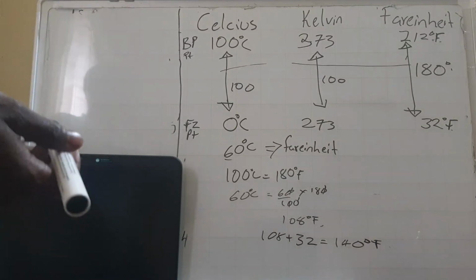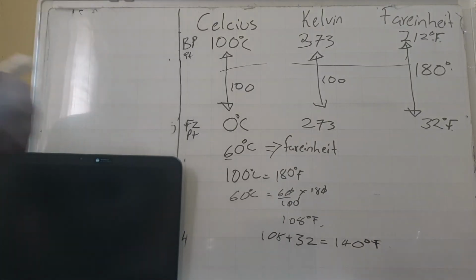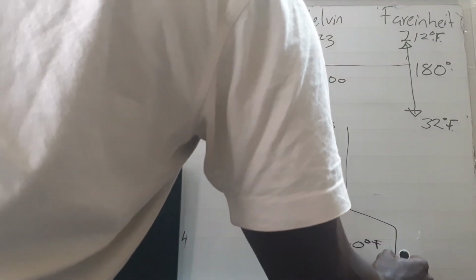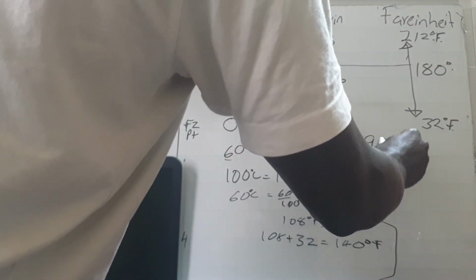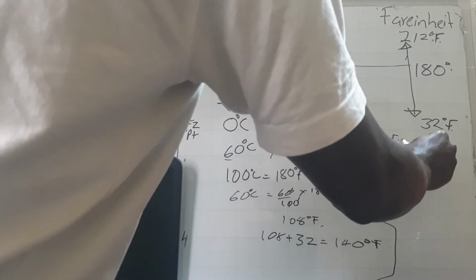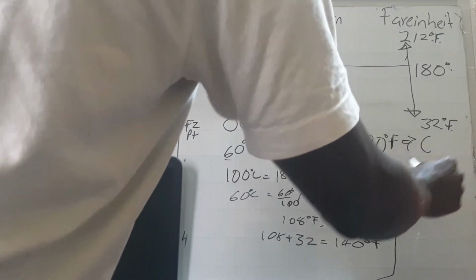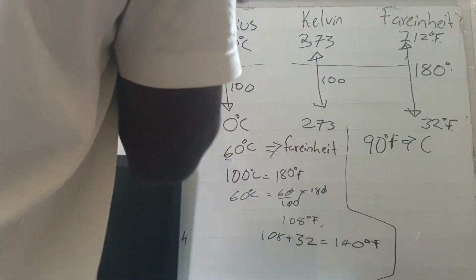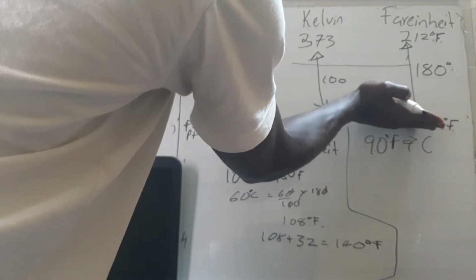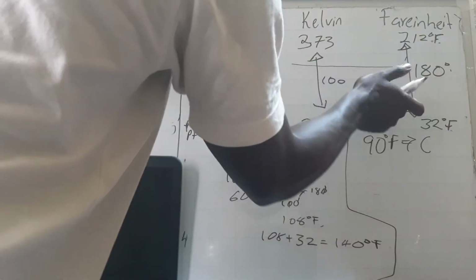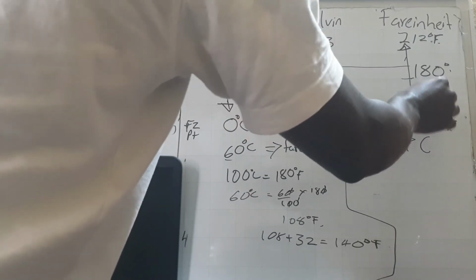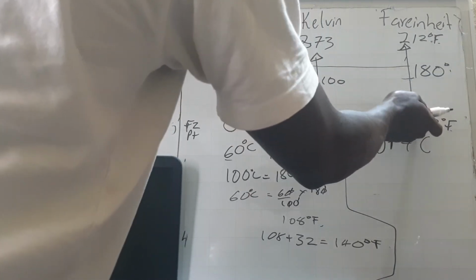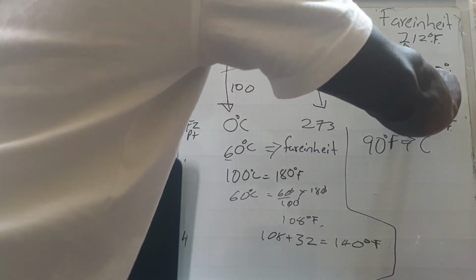And then to convert the other way, from Fahrenheit, for example, if I want to convert 90 degrees Fahrenheit to Celsius, I need to know how big this gap is from 32 to 90.